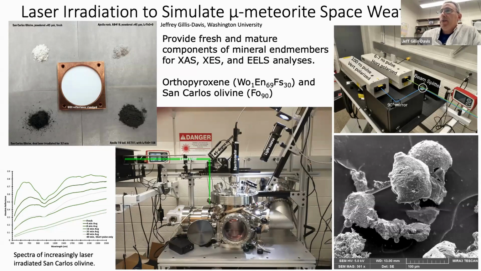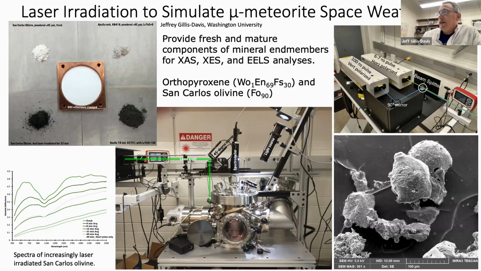And as we laser weather it, it gets darker and redder, and it loses the 1 micron absorption due to olivine, which is the way we typically describe how spectra change for lunar materials as they're exposed to space weathering. So that bottom lower image is of San Carlos olivine after the dual laser irradiation for about 32 minutes.